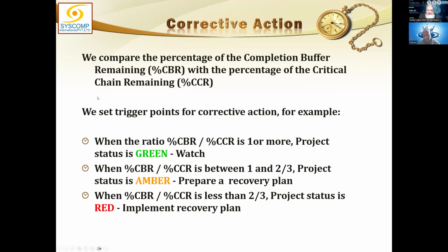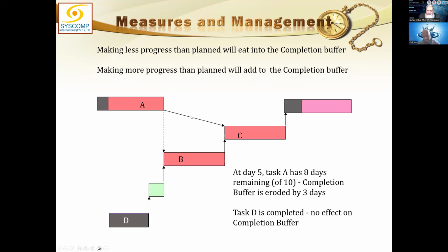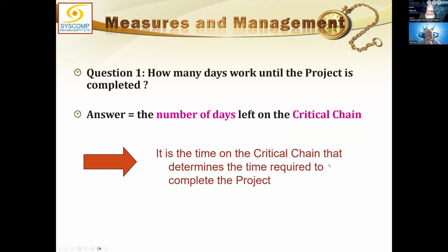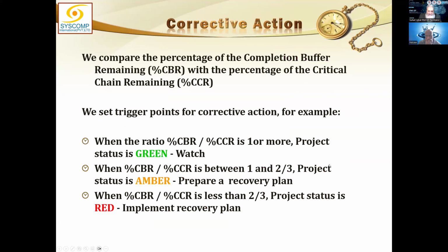This is a project buffer, and critical chain remaining, that is the remaining, in this example, this is the critical chain remaining. No, sorry. Critical chain remaining is this, and this is the remaining buffer. This is the consumed buffer.